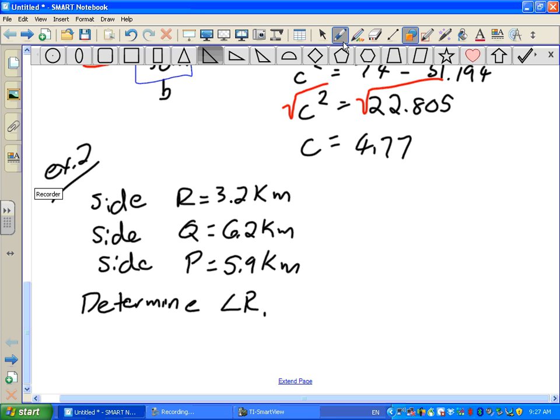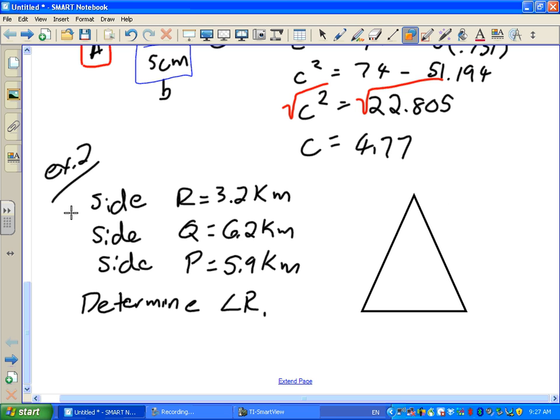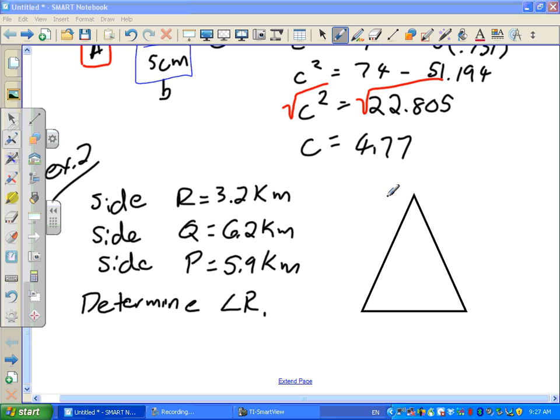So I'm going to construct a triangle. So I have my triangle here. I'm going to name this one angle R. So this will be my side R, which is 3.2 kilometers. We're going to go angles uppercase.